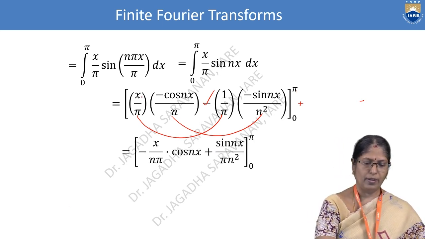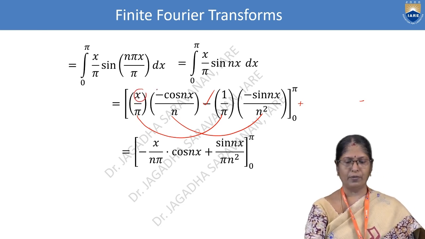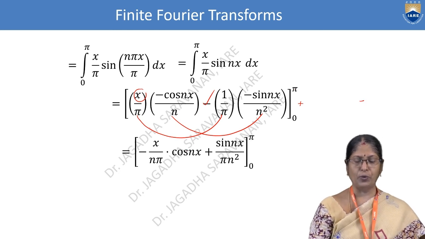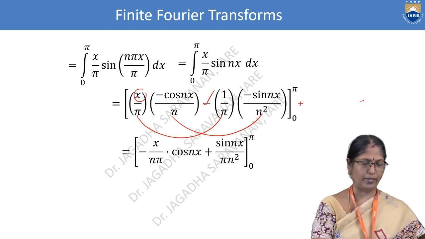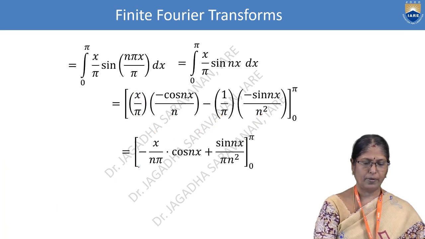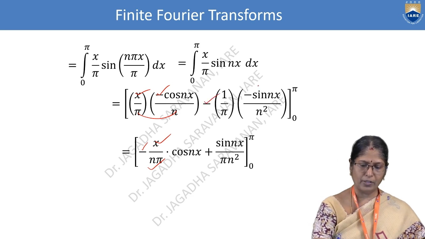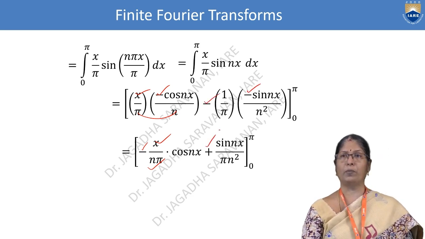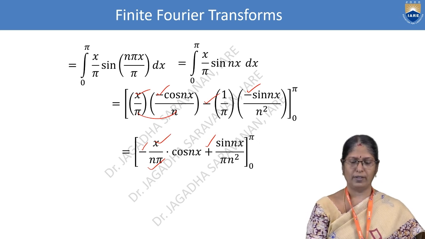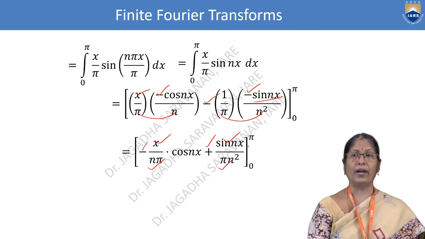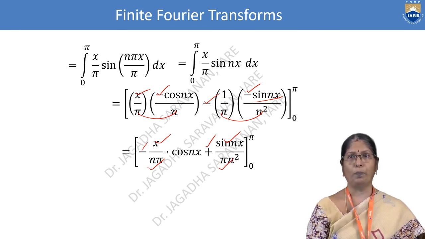Now, in place of x, we will substitute the upper limit, that is pi. First we will do the simplification before applying the limit. This minus sign is kept here, x is as it is. This both put together, n pi, minus into minus has become plus, sine nx by pi n square, from 0 to pi.